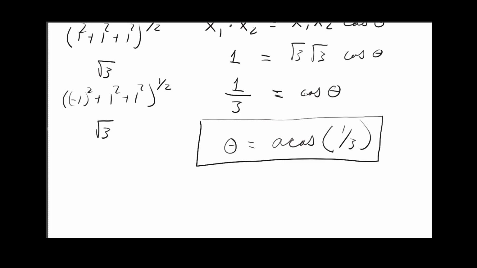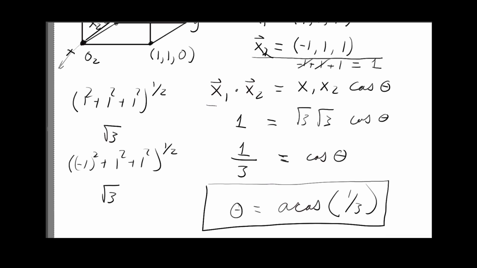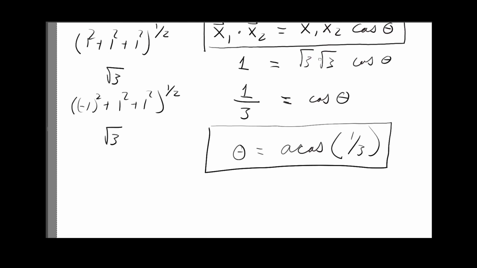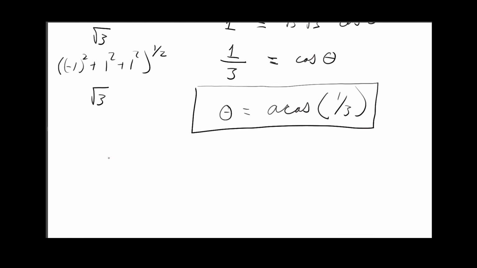So the lesson here is that comparing the component-by-component scalar result for the dot product to the definition of the dot product is useful for obtaining one of these components, or the magnitude of one vector or the other, or the angle. So that's a useful technique. And then also remember that vectors don't have an origin.